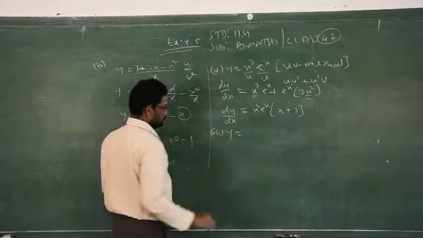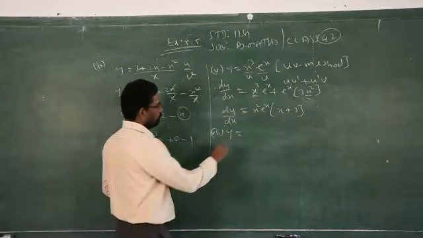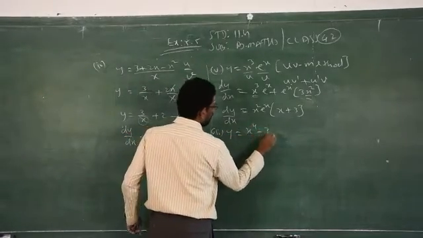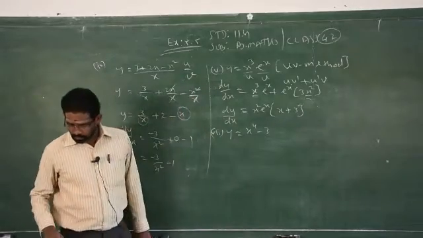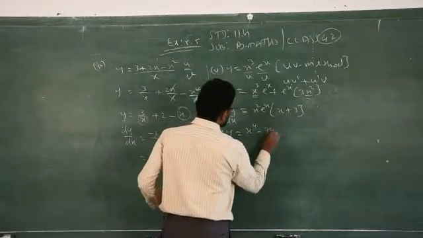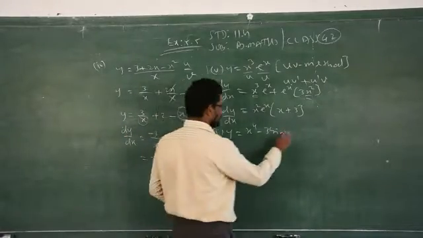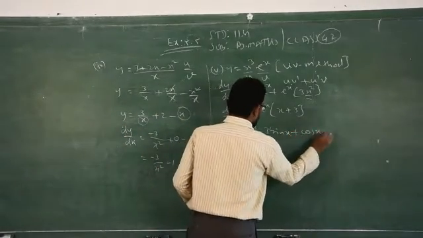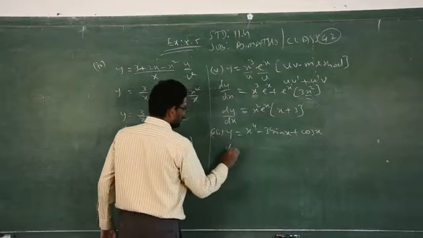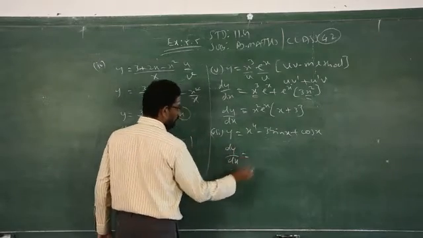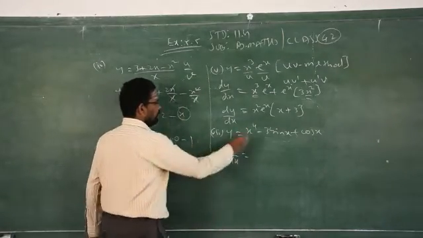y is equal to x power 4. Here it is given a combination of trigonometrical ratios, sin x plus cos x. We have derivative formulas for sin and cos, dy by dx. So what is the rule?